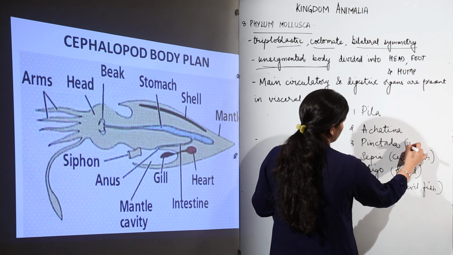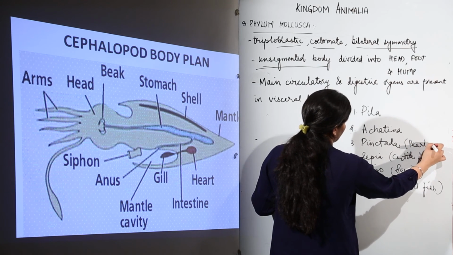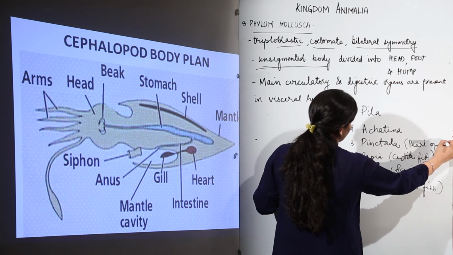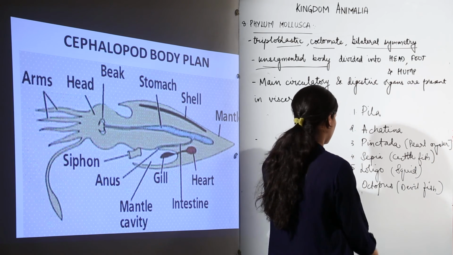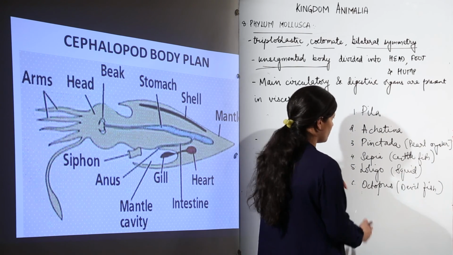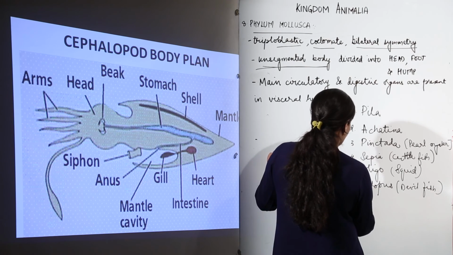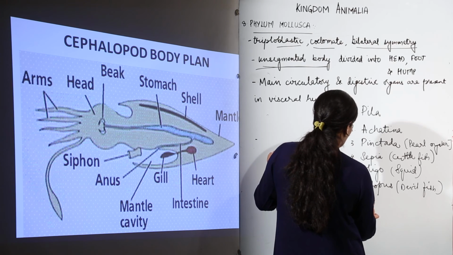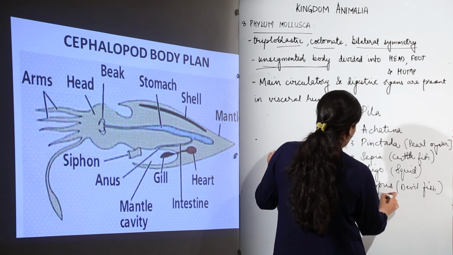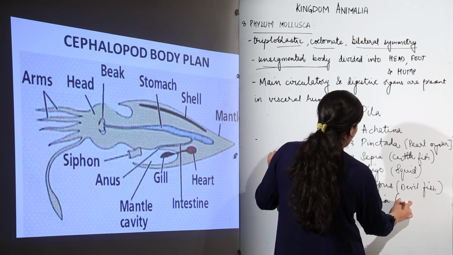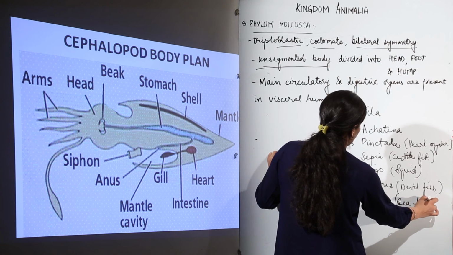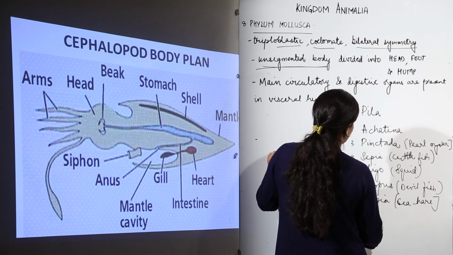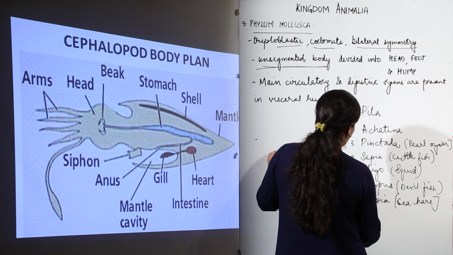Pinctada is the pearl oyster, which gives you the pearls that help you ornament your neck and the rest of the body. Then we have Aplysia. Aplysia's other name is sea hare. And then we have Doris, known as the sea lemon.